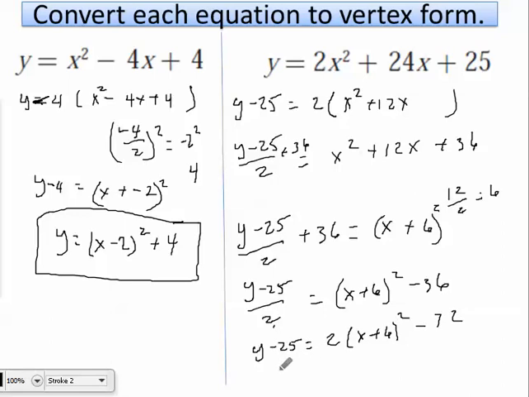Adding the 25, y equals 2 times x plus 6 quantity squared minus 47. And that would be my vertex form.